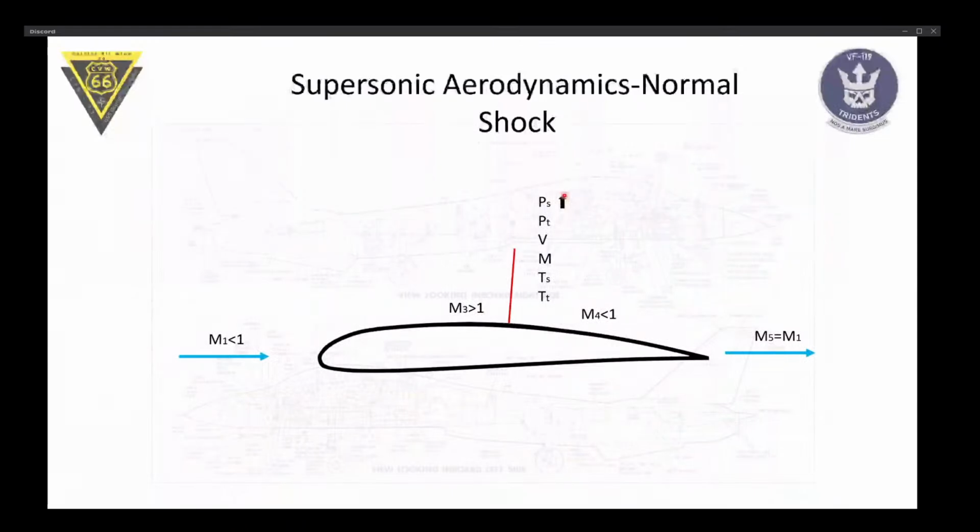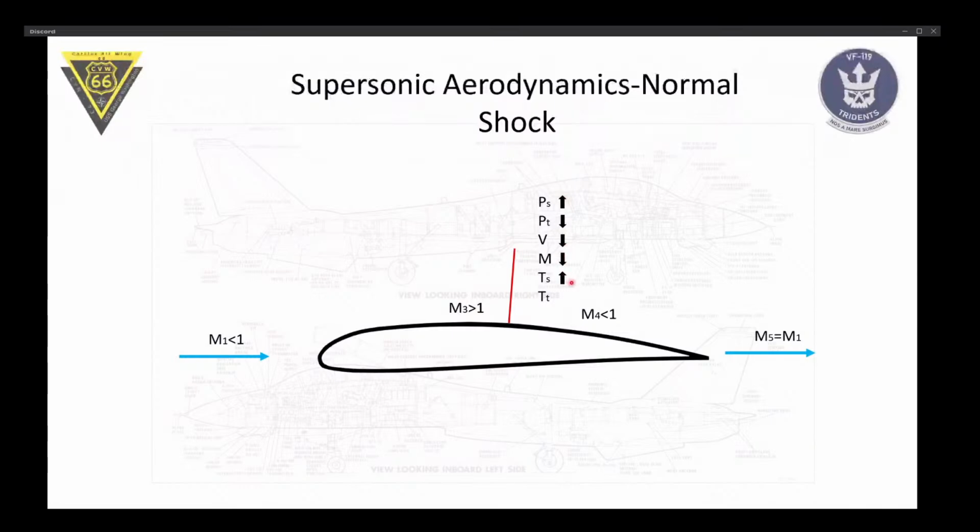But our total pressure, which is the static pressure plus the kinetic part, drops, because the shock creates entropy, which means it destroys usable flow energy. So we lose energy with these supersonic compression shocks. The velocity goes down because the flow slows down, and of course the Mach number goes down.